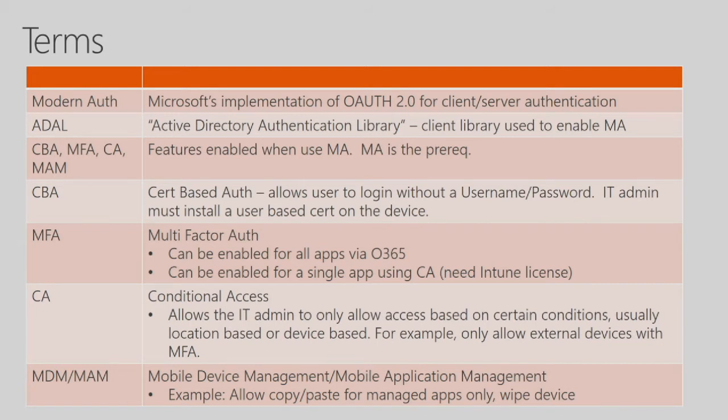That's what MAM gives you. Those last two, conditional access and MAM, are provided by Intune. So if you have modern authentication in Skype for Business, you can use these features, but to use the last two, you will also need an Intune license, because that's how it works.